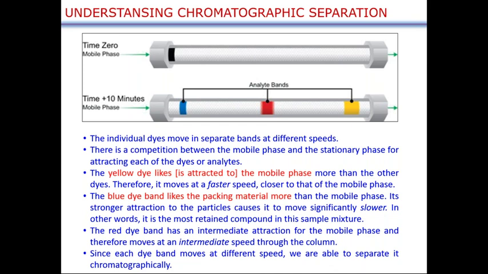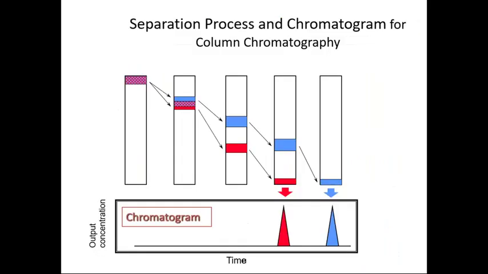So the separation of the analytes depends on the attraction of the analyte to the solvent or to the stationary phase. And this separation that you get is known as a chromatographic separation. So this you can visibly see in the diagram. So you put a mixture, and as the mixture moves along the column, depending on its attraction to the stationary phase and the mobile phase, they will elute as compact bands.